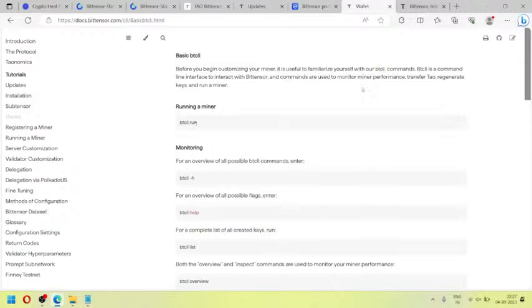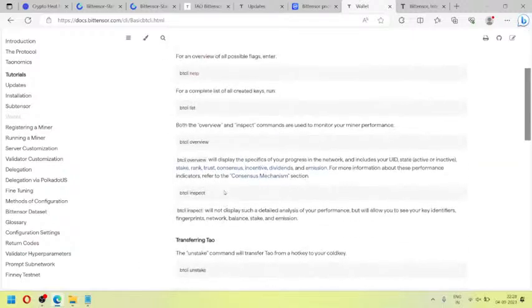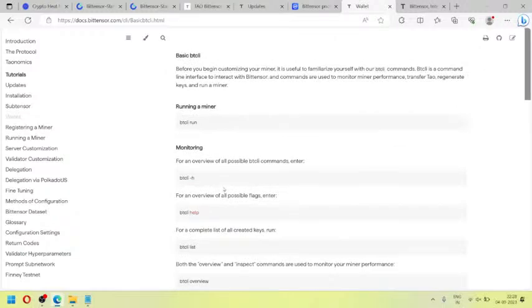Before you begin customizing your miner, it is useful to familiarize yourself with our btcli commands. btcli is a command line interface for Bittensor, and here are the commands used to manage your wallet.